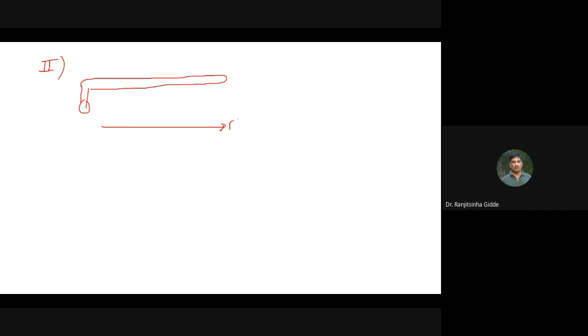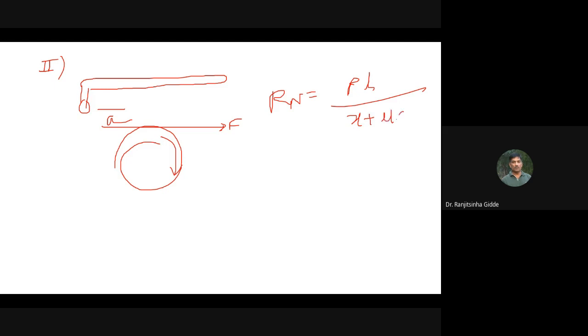This is F, and this one is rotating in clockwise. This is a. Here Rn is equal to PL upon X plus mu a.